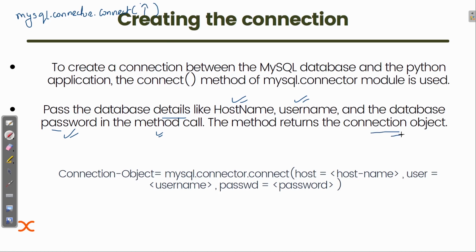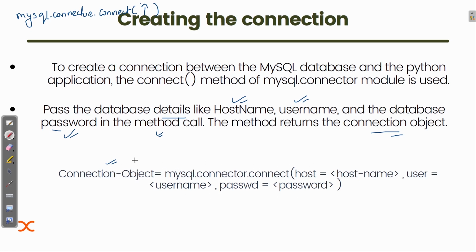The method returns the connection object. It will tell you whether the connection is established or not. If you print the connection, you can see the object that has been created.